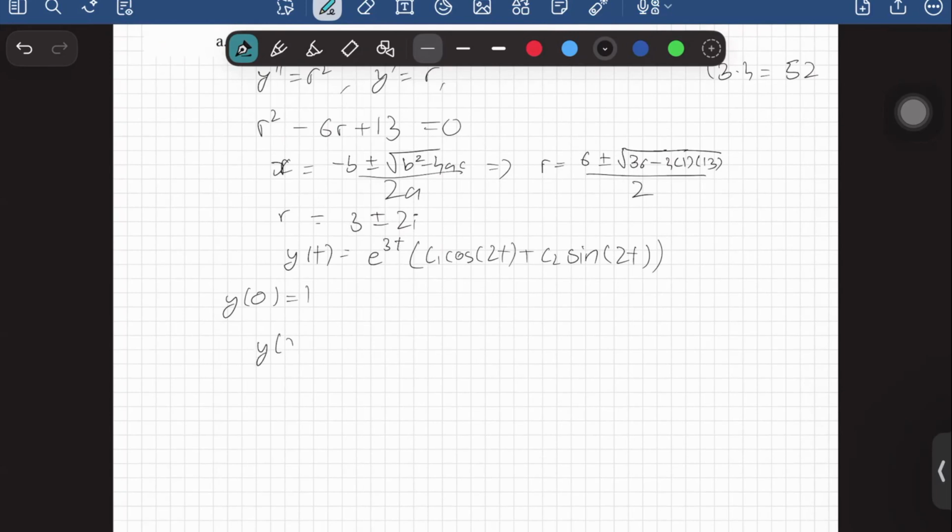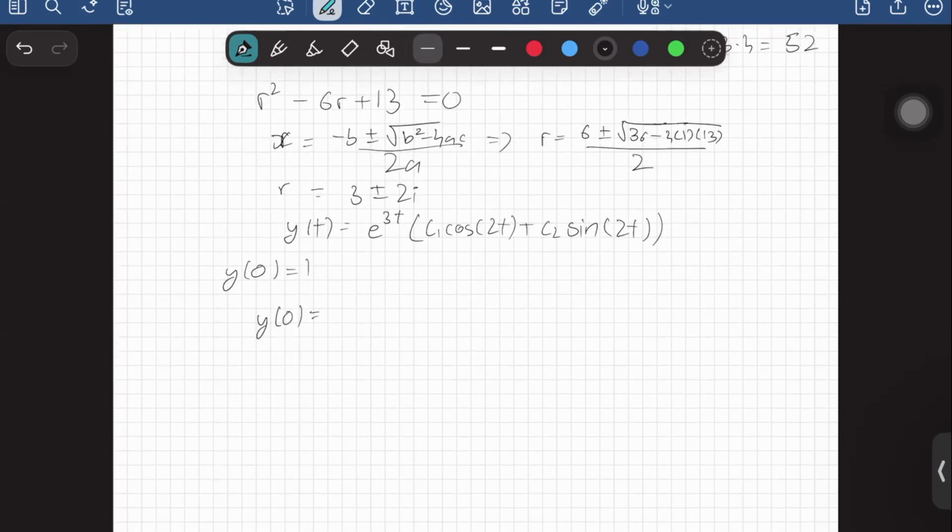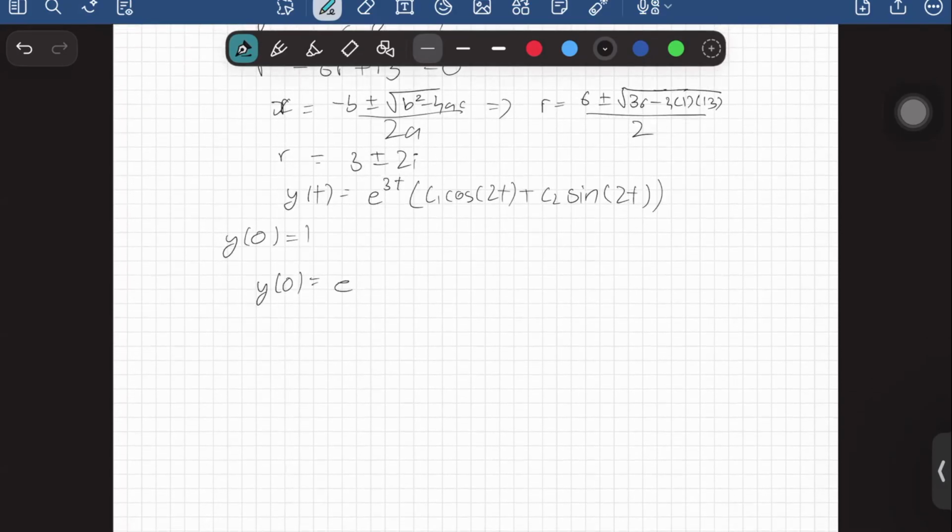So y at 0 is equal to e to the power of 0, because 3 multiplied by 0 will be 0 itself, right? And then we have c1 cosine of 2 multiplied by 0, that's again 0, plus c2 sine of 2 multiplied by 0.